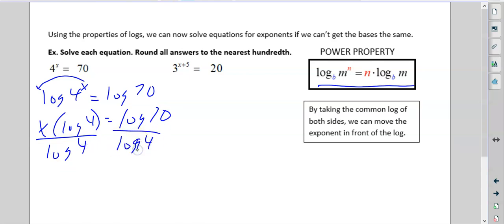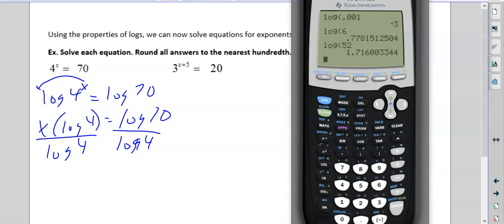And now we just take our calculator and we can literally type this in. Log of 70. Now, be careful. Here's what not to do. Log of 70 divided by log of 4. Sorry, little technical difficulties. That is wrong. Because what you're doing is you're taking the log of the fraction 70 over log 4. And we don't want that.